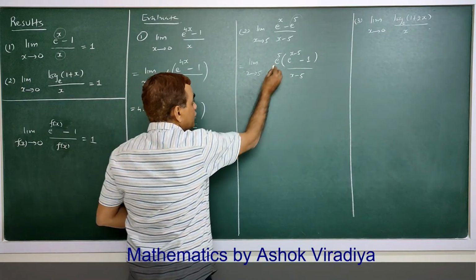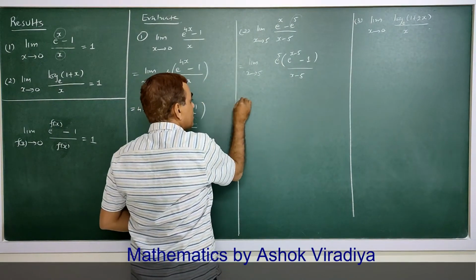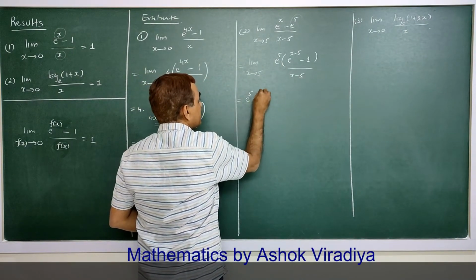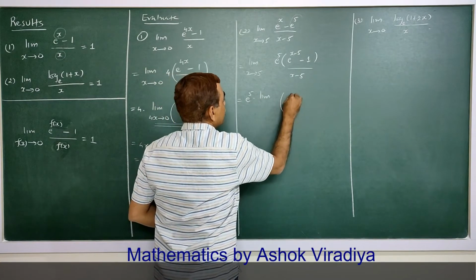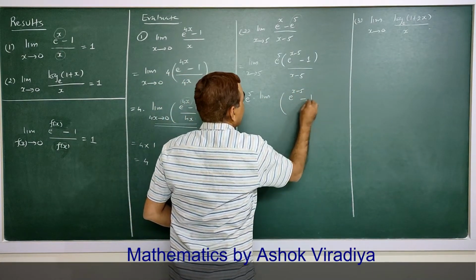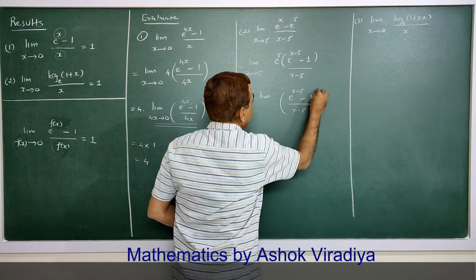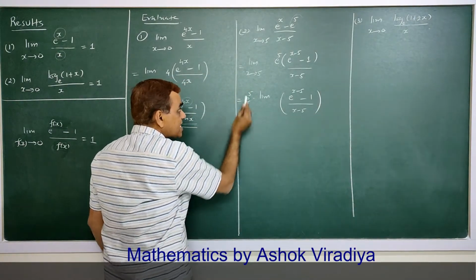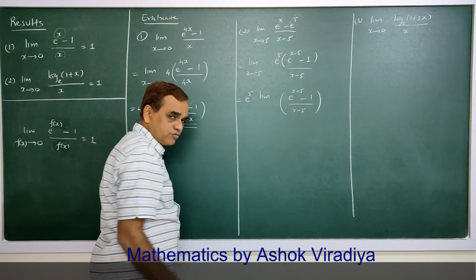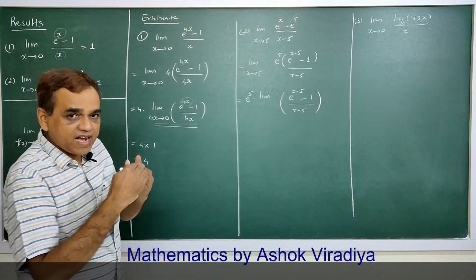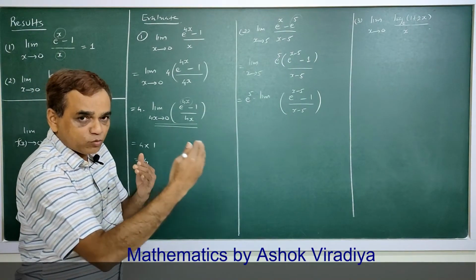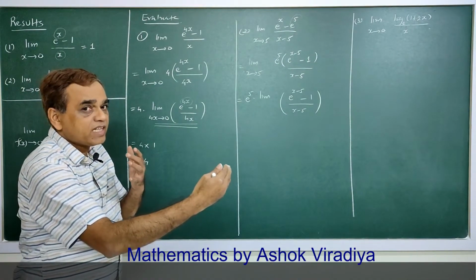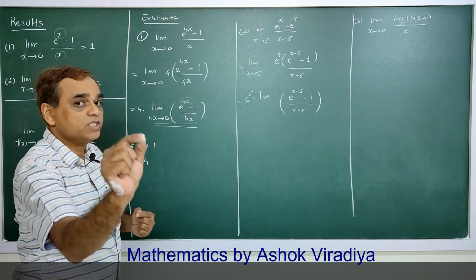Now e raised to 5 is a constant, take it outside. Limit e raised to x minus 5 minus 1 upon x minus 5. Now look here, x tends to 5. When x is going nearer and nearer towards 5, it means their difference tends to 0.